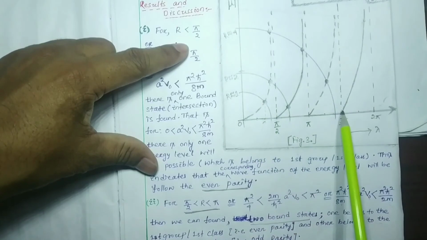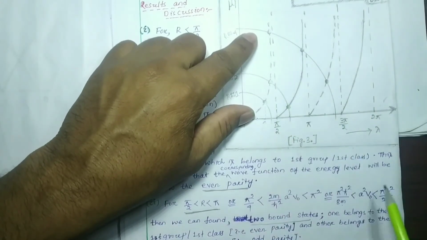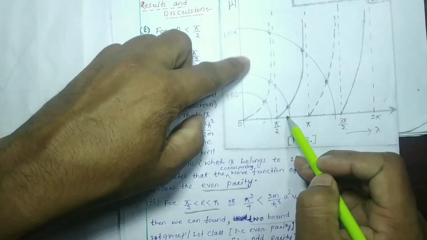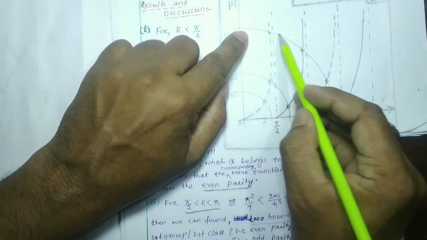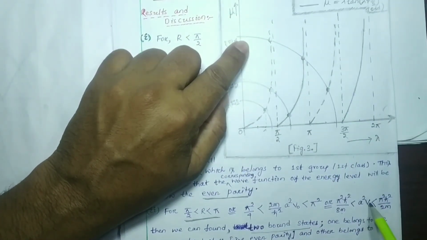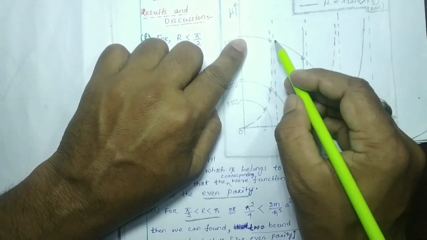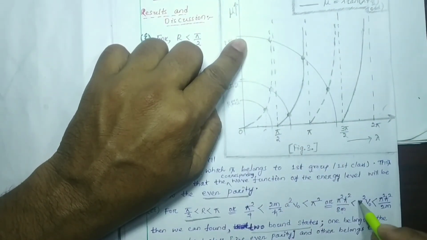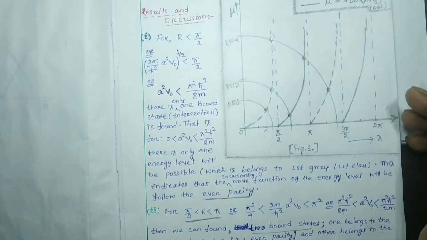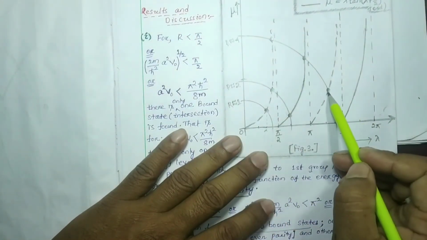Suppose this is one particular situation, in which the value of A square V0 will be different from this other situation. For this third circle, A square V0 is different as compared with this one. Suppose for this case we consider a particular value of A square V0, then for that A square V0 we can get 3 energy states.